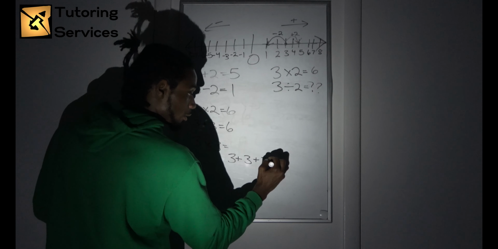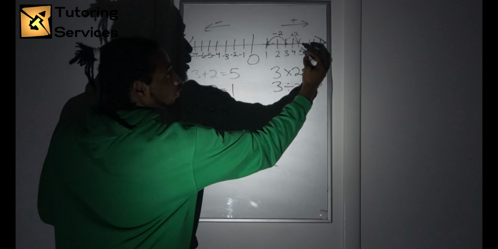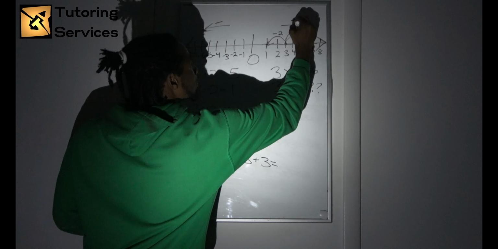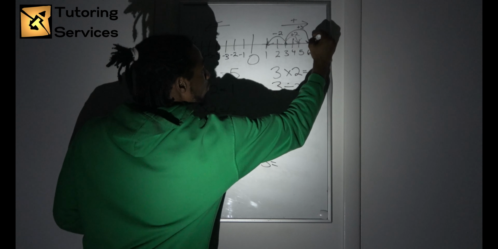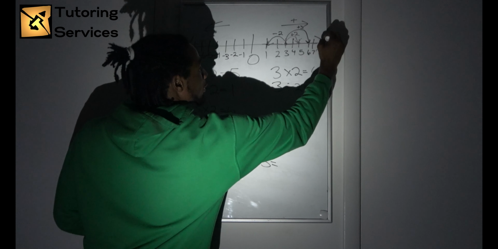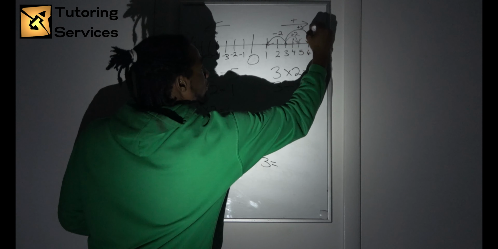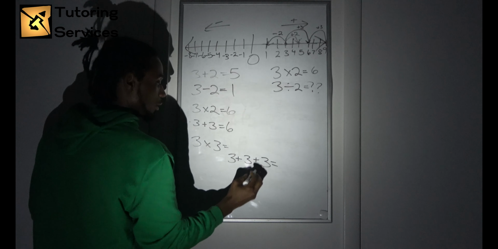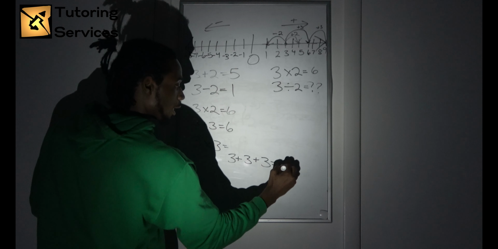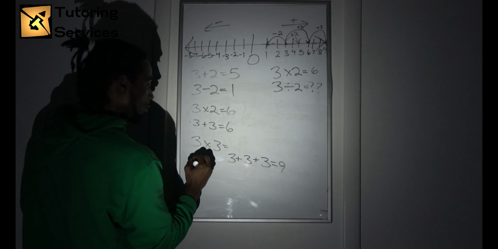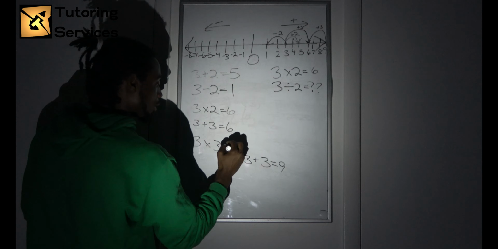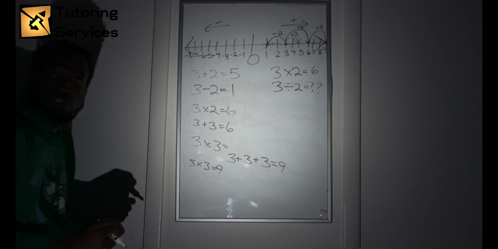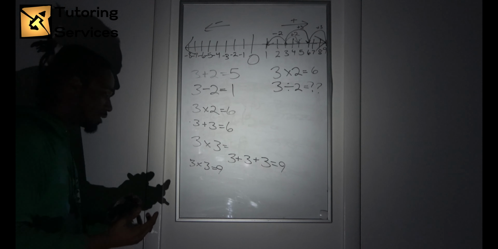We know 3 plus 3 gives us 6. We add another 3: 1, 2, 3. That brings us to 9. So 3 plus 3 plus 3 equals 9. Therefore, 3 times 3 equals 9. Are you getting the picture?